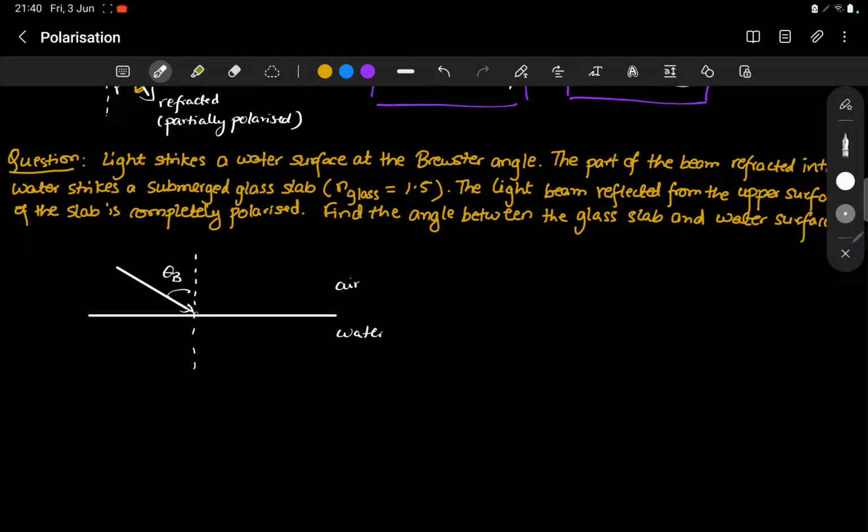So there will be a reflected ray and then there is a refracted ray. This refracted ray is then incident on a glass slab. So this is the glass slab.